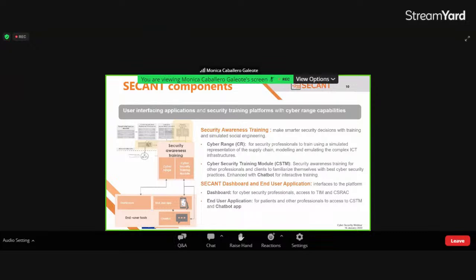And then to interact with the platform services, SECAN will also develop two different kinds of interface. For the security professionals, we are building a dashboard that will provide access to the threat intelligence model and the cyber risk assessment companion.